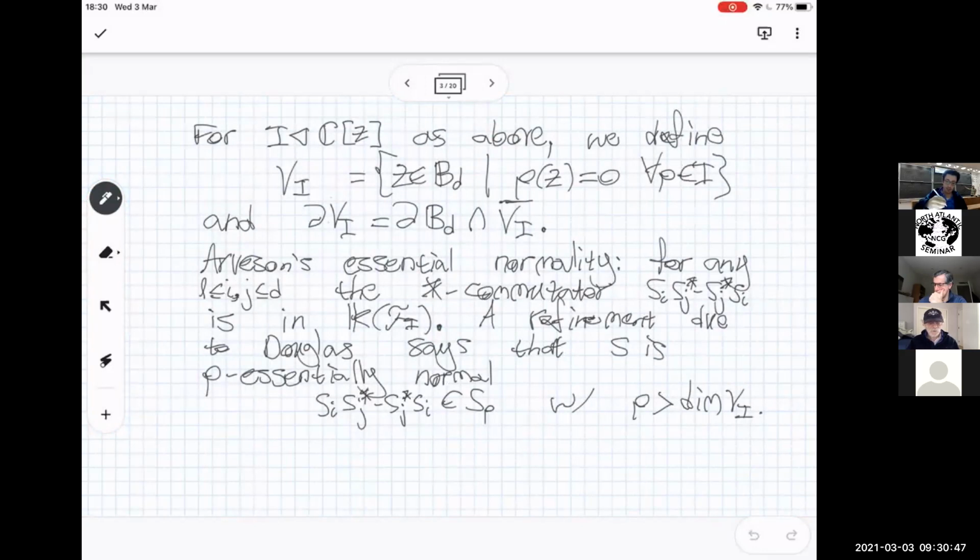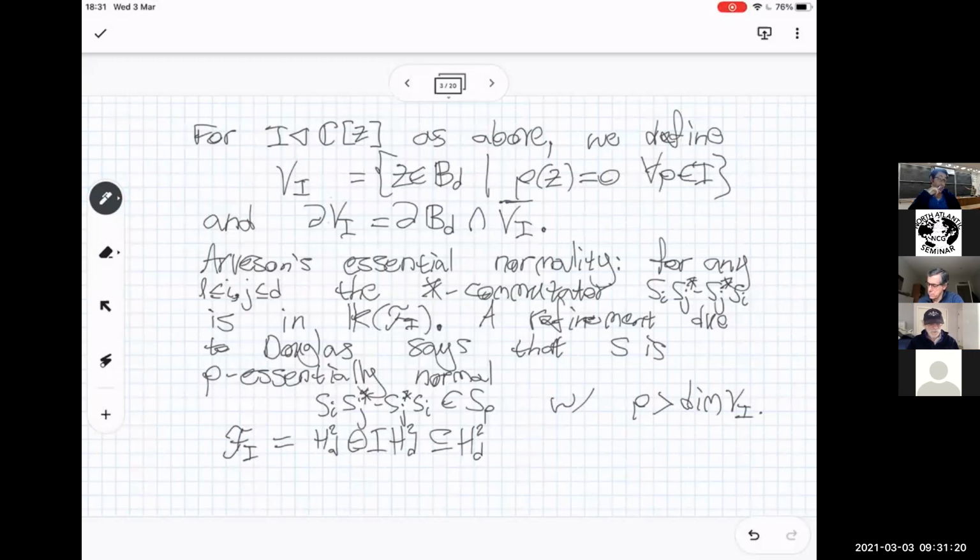F_I is always a subspace of H^2_d; in fact, it is equal to the orthocomplement of I times H^2_d in H^2_d.